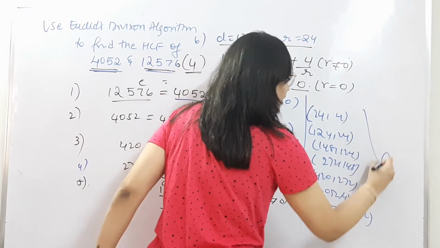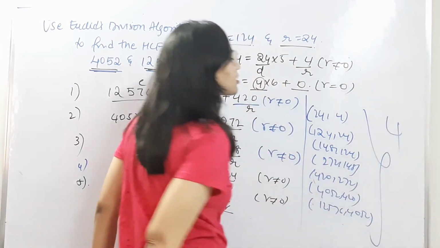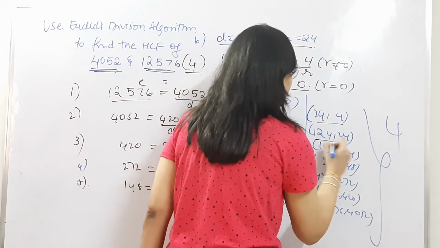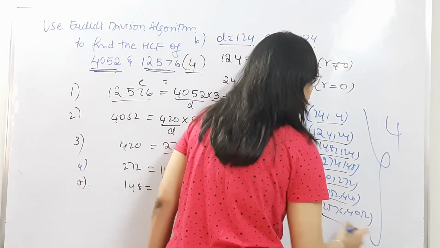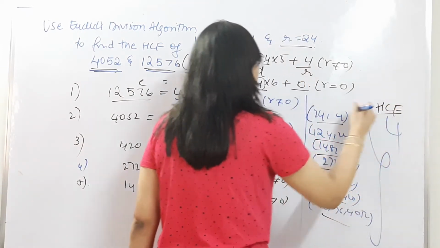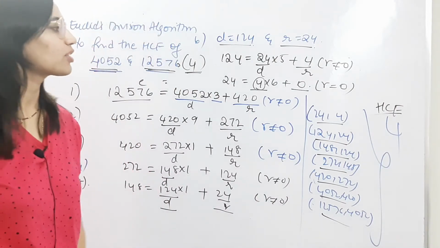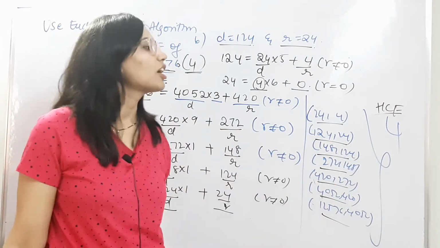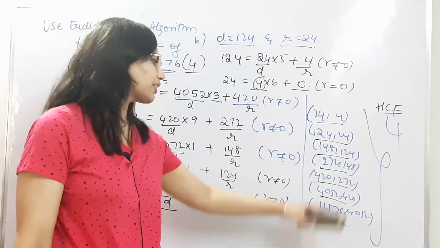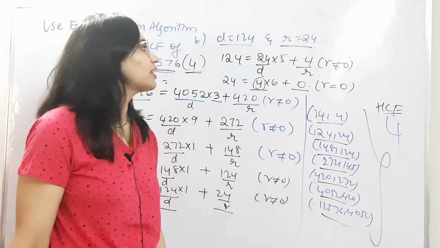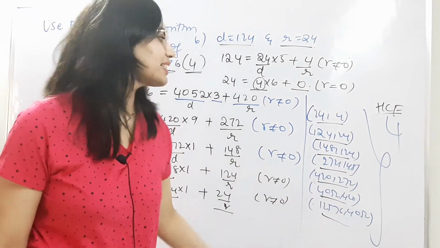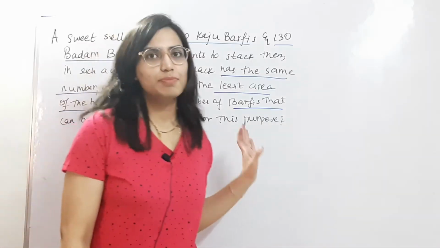The common divisor of all these is 4. The HCF of all these pairs is also 4. It's still the common divisor. If you see 24, 4, 124, the common divisor is still 4. Whichever pair you compute using Euclid's algorithm, you get the HCF as 4. That's an interesting observation.